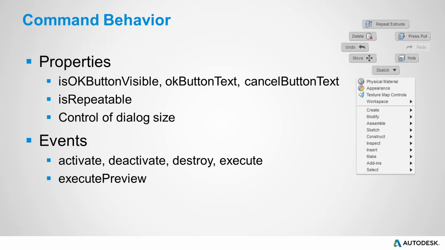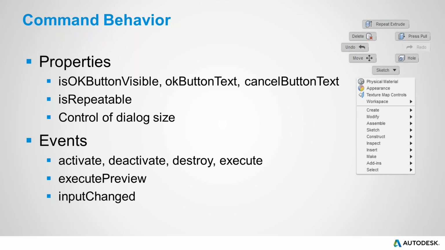So we have the execute preview. There's an input changed, so that's as the user is making changes in the dialog. He's typing in a length or whatever. Then you get notified on each of those changes, because in some cases they picked a drop down to pick a different option, and now you want to change the visibility of other inputs in the dialog.